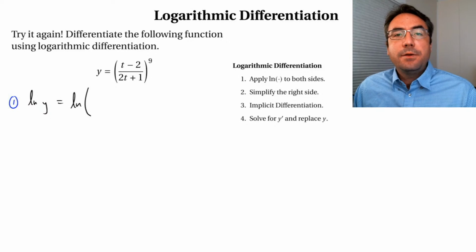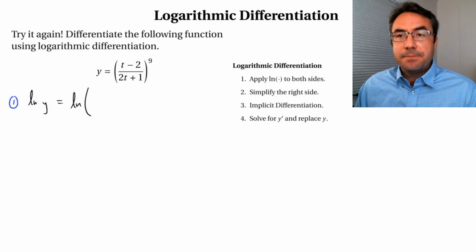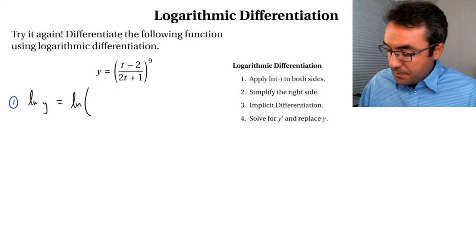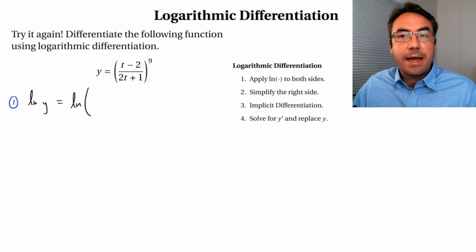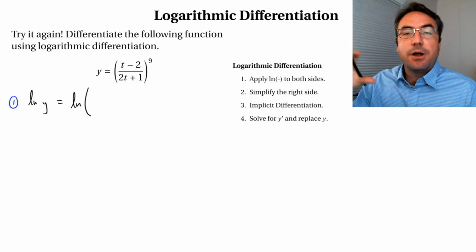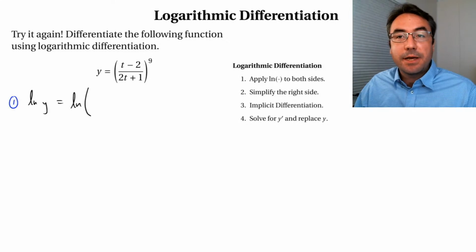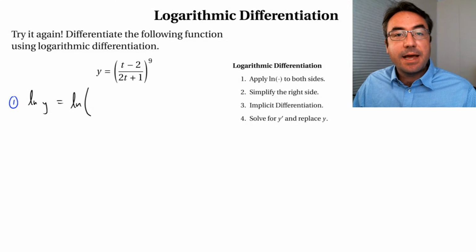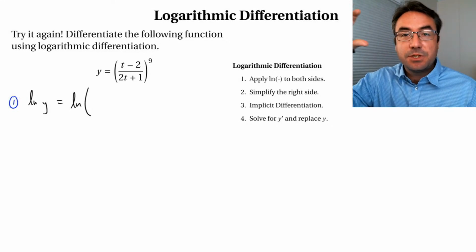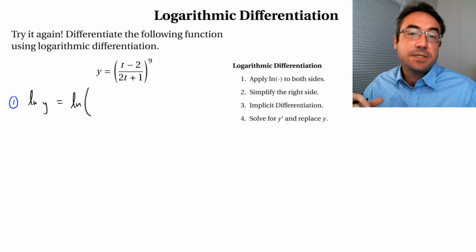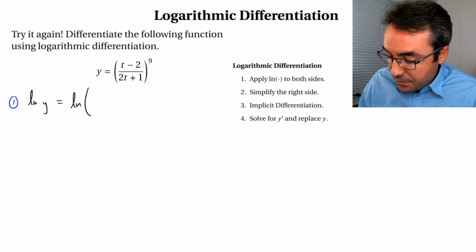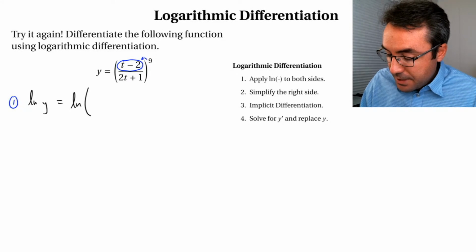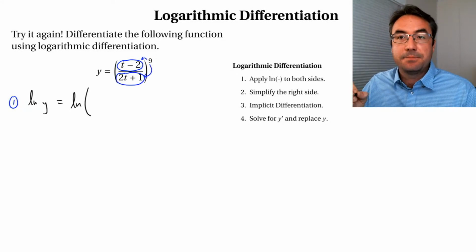And one thing I'm going to rewrite right away is that exponent raised to the power 9. When we have a fraction all inside a power like that, we can think of it as distributing that exponent to the numerator of the fraction and to the denominator. So we could think of this 9 as going onto the t minus 2 part, and then we could think of it like distributing onto the denominator.